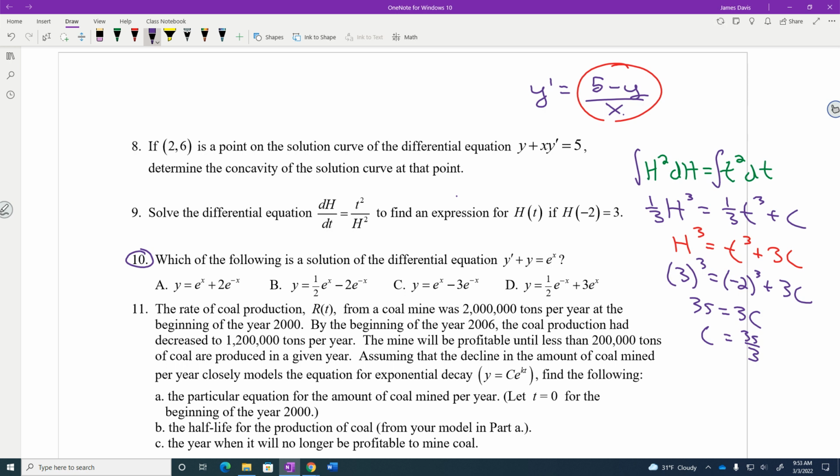And now when we plug it back in, we go up to here. So h cubed is t cubed plus 3 times this, and then the 3's will actually cancel. And then we take the cube root, so h of t is the cube root of t cubed plus 35.